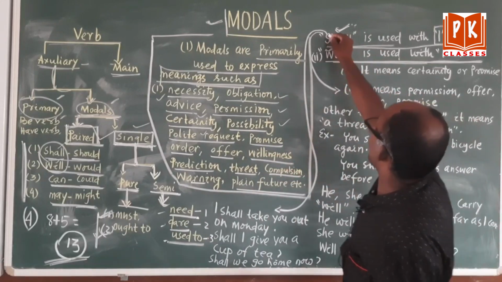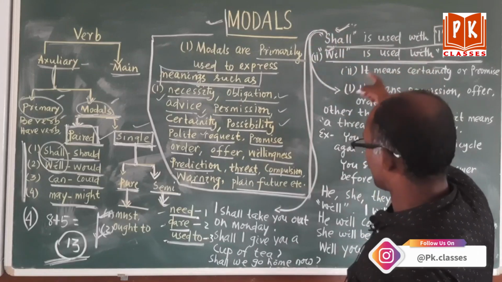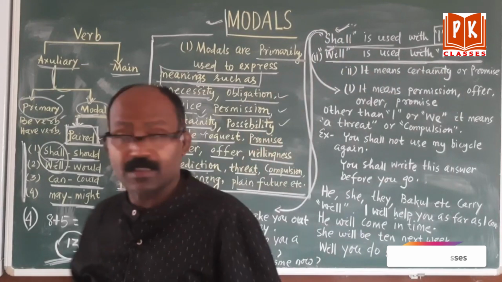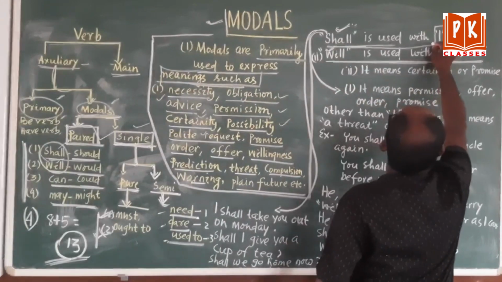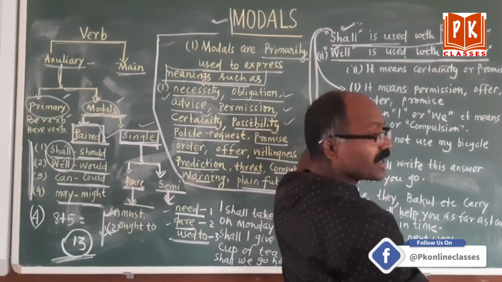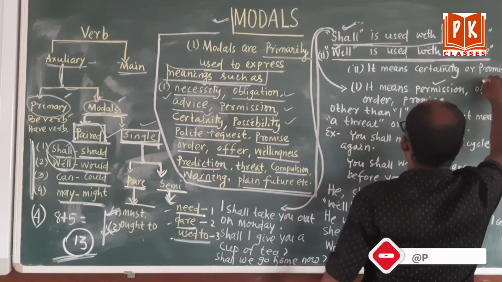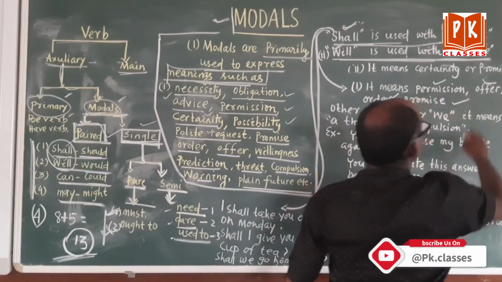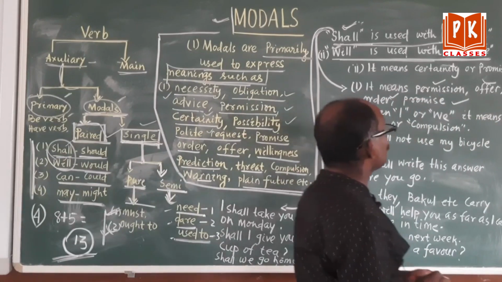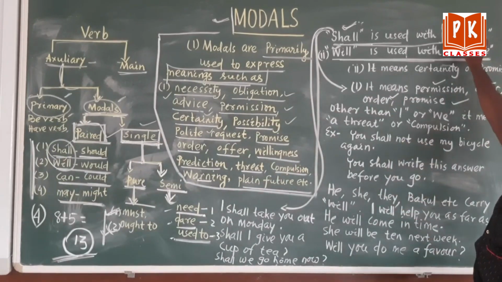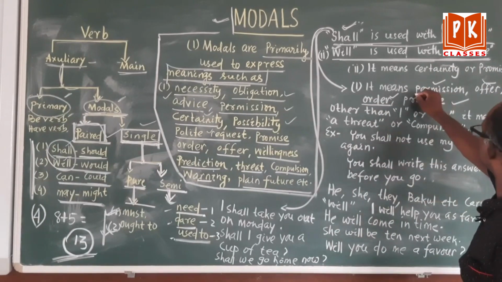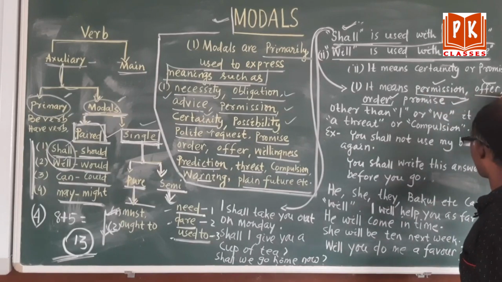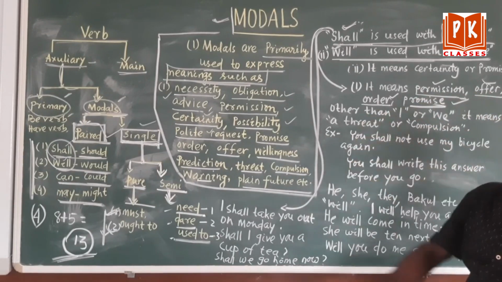Please see, shall. Where shall is used with I or we, if you are using shall with I or we, what does it mean? It means permission, offer, order, promise. Please remember, if you are using shall with I or we, the meaning may be an order, or permission, or an offer, or a promise.